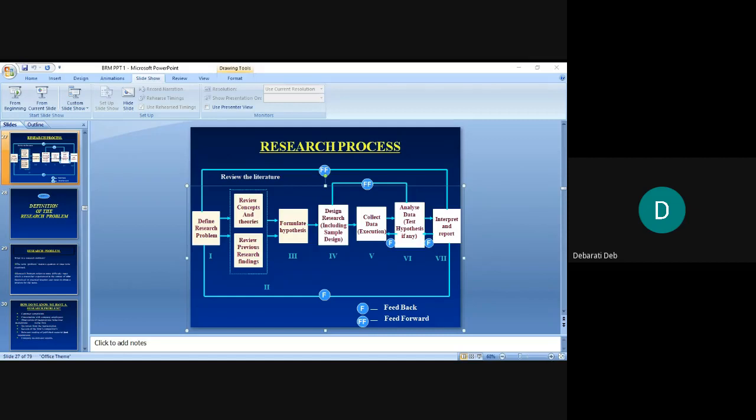Then, after evaluating the alternatives against certain selection criteria, you need to evaluate the alternatives as well, otherwise you are not going to select the best alternative out of the available ones.